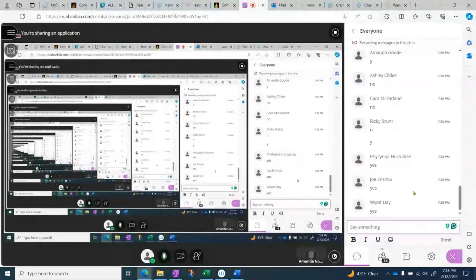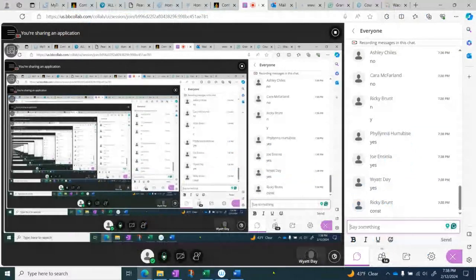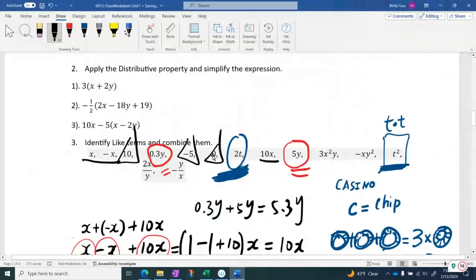Those numbers are constant terms, right? 10 is a constant term. 95 is a constant term. 0 is too. So when we combine constant terms, we just add them together like numbers, right? 10 minus 5 is 5, 5 plus 0 is 5, and that's it.